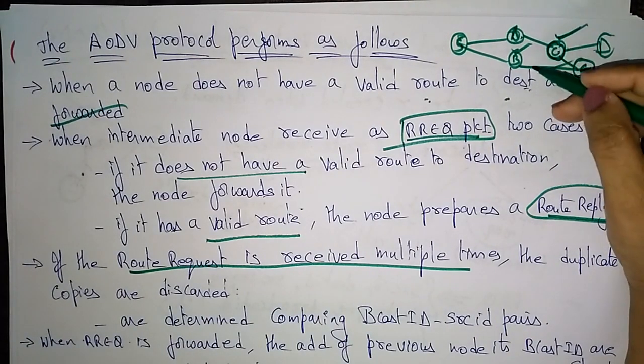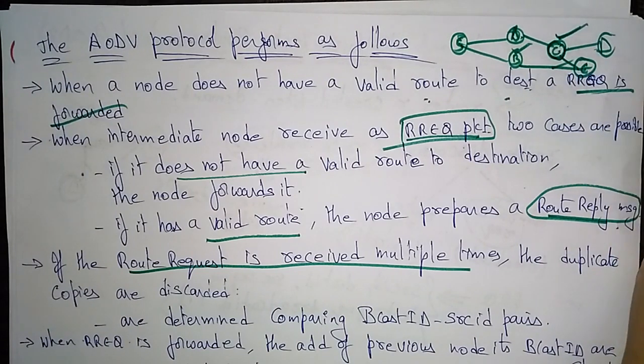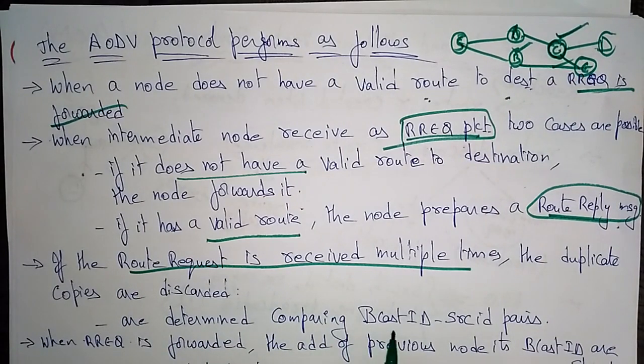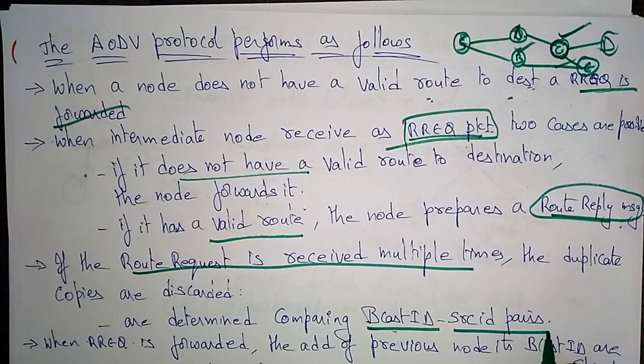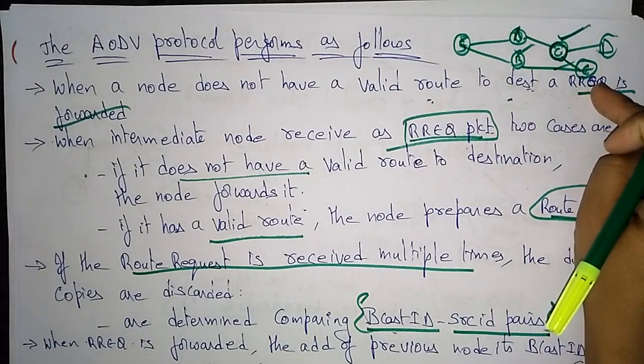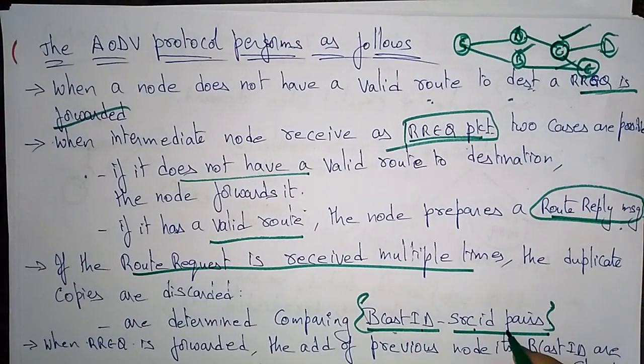So it just checks which one is the correct one and discards the duplicate copies. The duplicate copies are determined by comparing broadcast ID and source ID pairs. So how is this node E identifying which is the correct path, and which one has to be discarded? By checking the broadcast ID and the source ID.